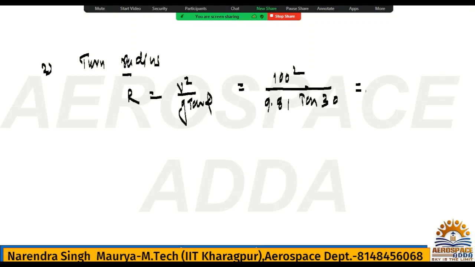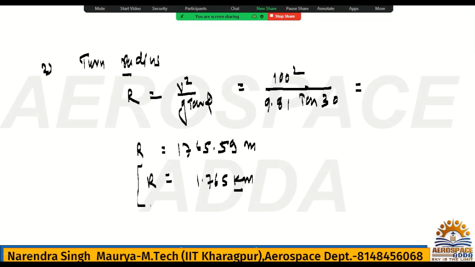Put it in the calculator directly: 100 square divided by 9.81 divided by tan 30. So it is 1765.59 meter, or 1.7659 kilometers. This is the turn radius.